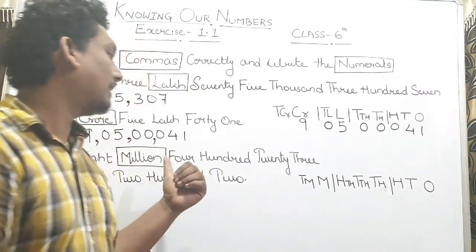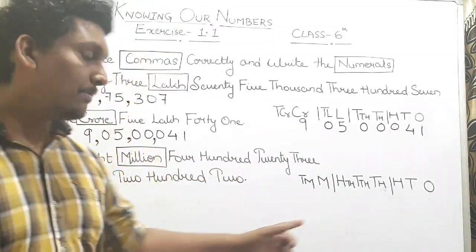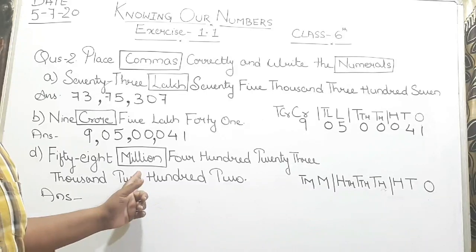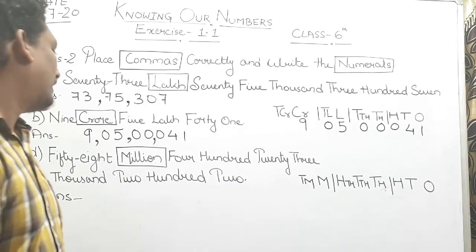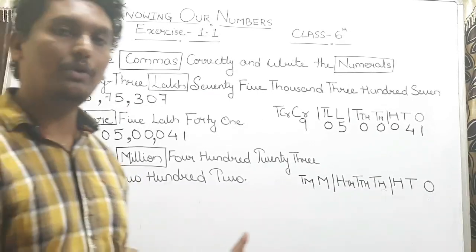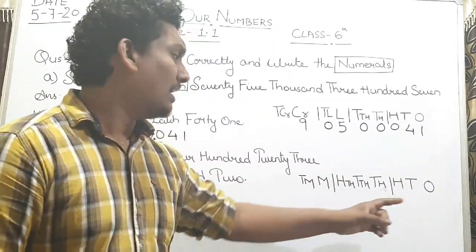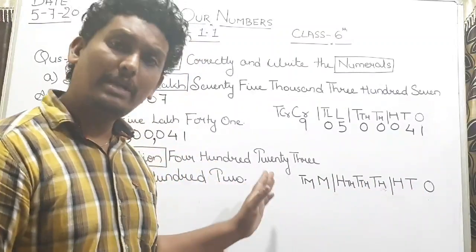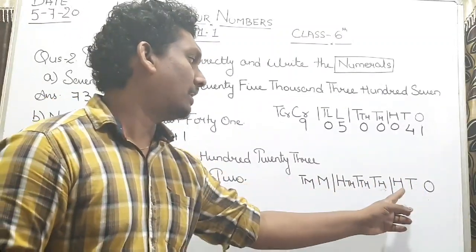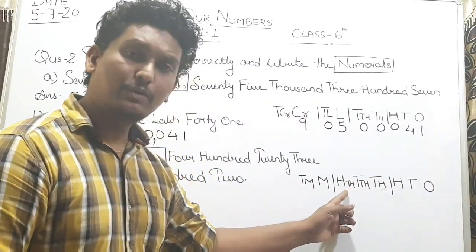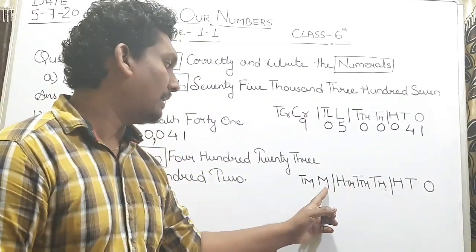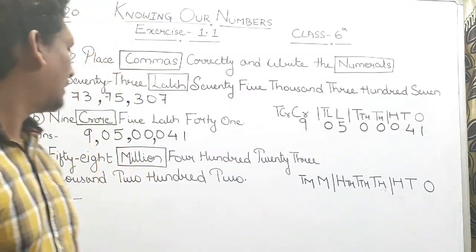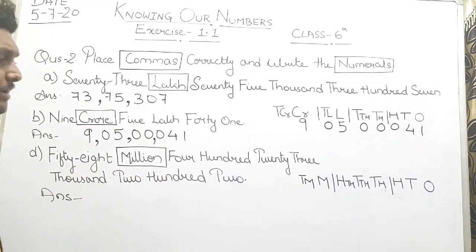So it will come in international system. Why? Because it's a million here. Okay. So first, again we have to write a simple place value system of international system. Ones, tens, 100, 1000, 10,000, 100,000, million, 10 million, 100 million. Since there is no 100 million here, I have not written it here.